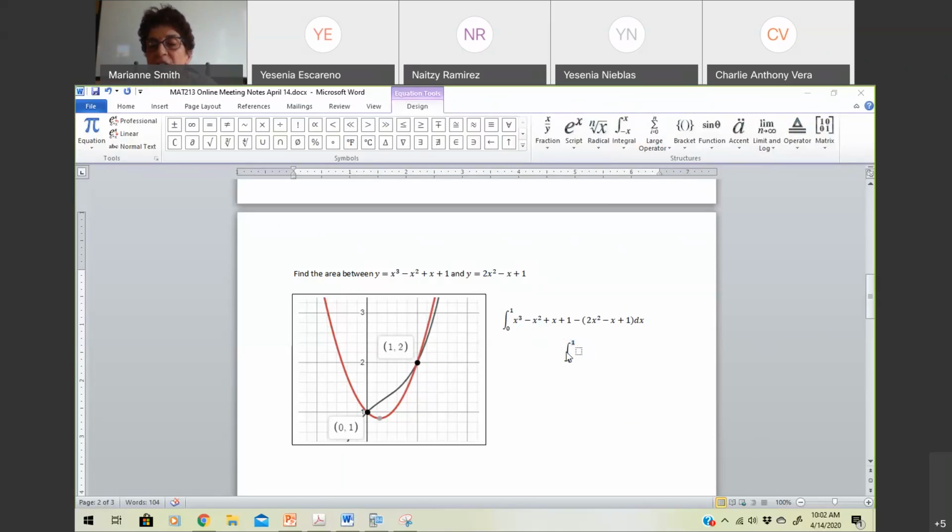Okay, I'm asking you a question in the chat and I'm showing you a picture of my graph. Also, everybody see the cubic is your top function.